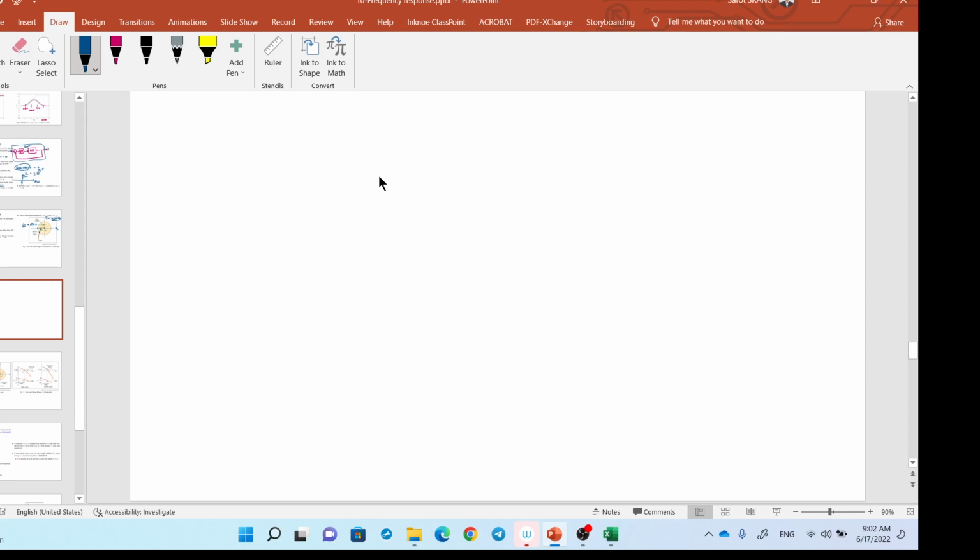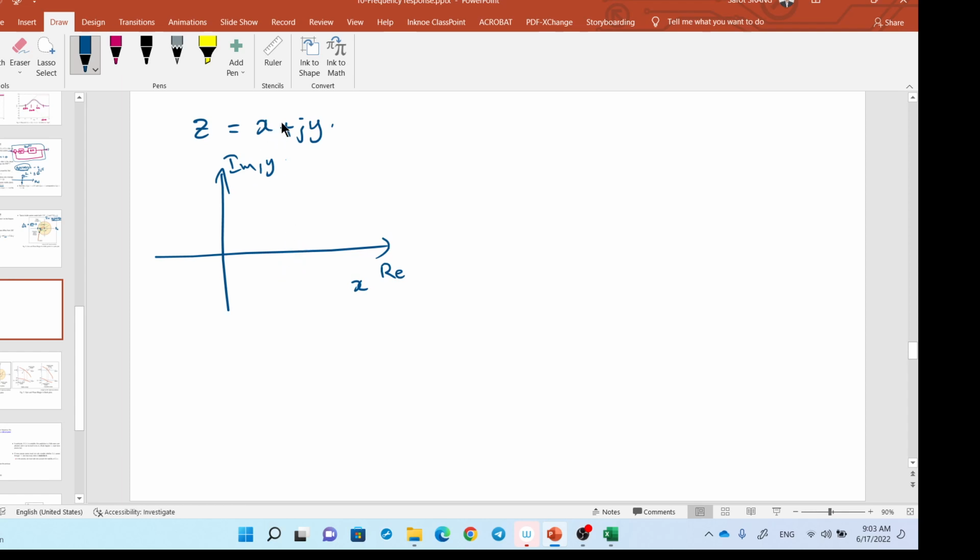So I'll review a little bit about complex numbers. Let's say I have a complex number z equal to x plus jy. I can plot z for the real and imaginary parts, so this axis is for x, this is for y.